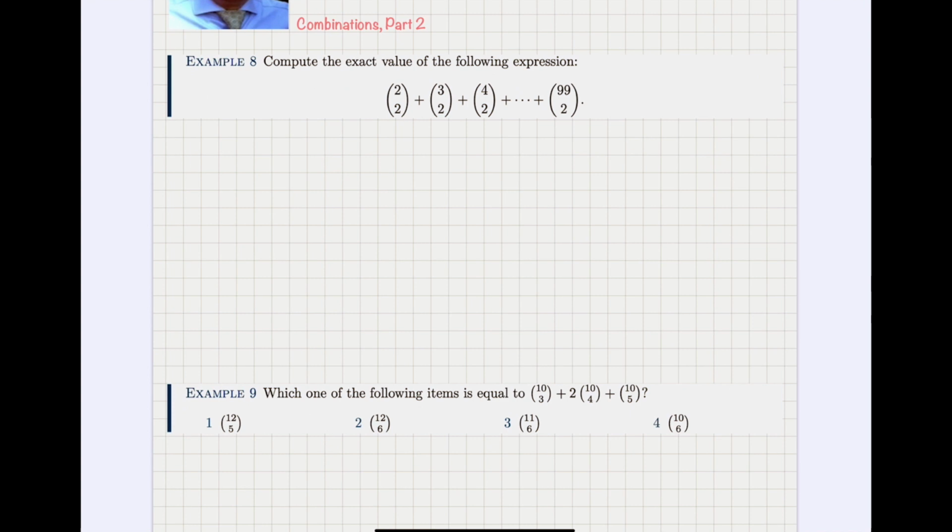The Pascal identity is this: if I have n minus 1 choose r minus 1, plus n minus 1 choose r, the two numbers on top are the same and the bottom numbers differ by 1. According to Pascal identity, I can add 1 unit to the top number and write n, and between the two bottom numbers I choose the bigger one.